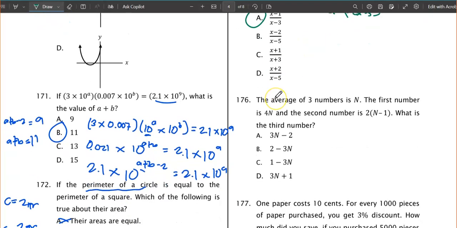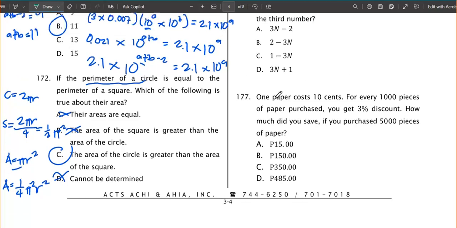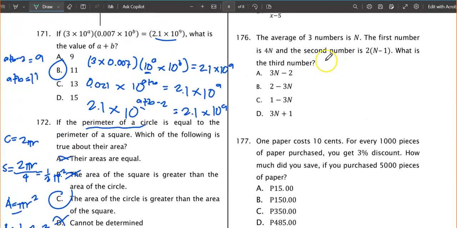176. The average of 3 numbers is n. The first number is 4n and the second number is 2n minus 2. What is the third number? So again, when you say average, we add all three numbers together and divide by how many numbers there are.